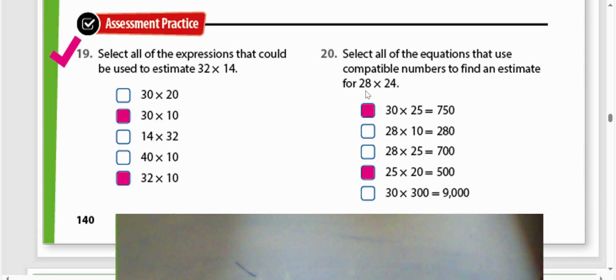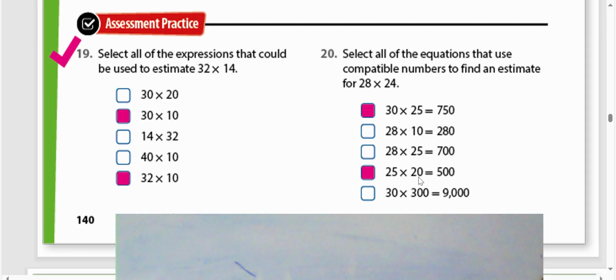28 times 24, 28 nearest to 30 and 24 nearest to 25 using compatible numbers here. And also we have 25 times 20 using the compatible method here, and here approximating this first to the nearest tens and here to the nearest actual, like you want compatible numbers, because 28 is nearest to 25 and 24 nearest to 20.